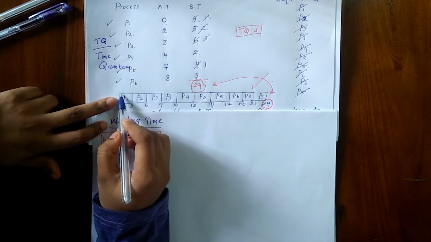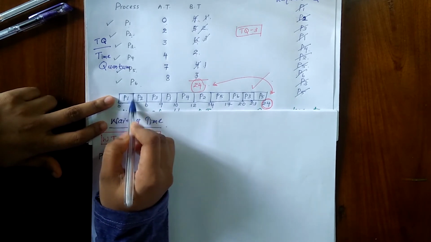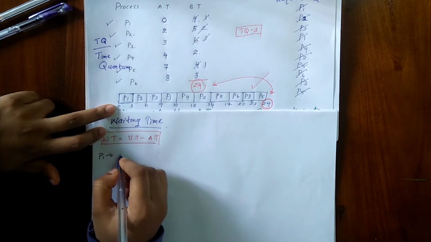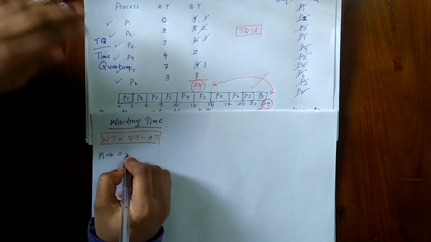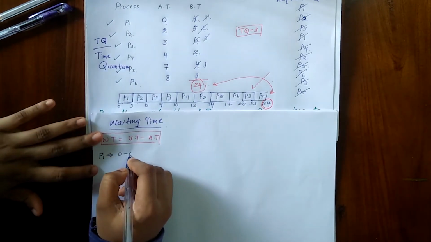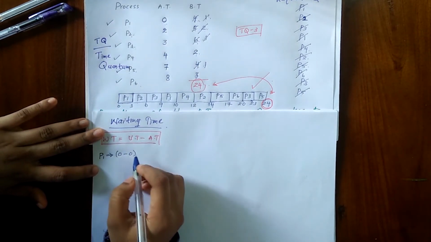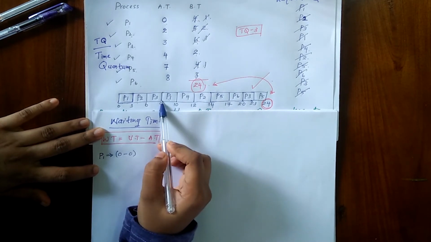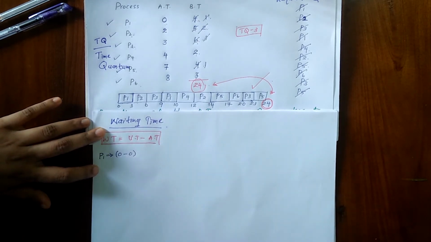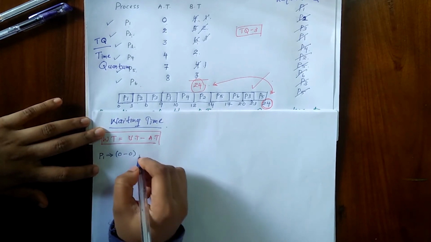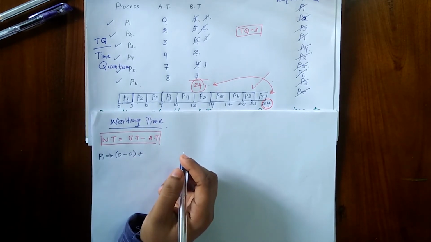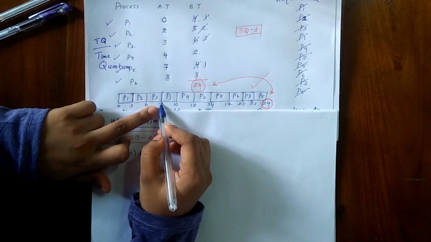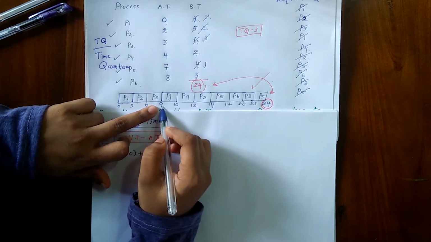So first let's see the waiting time of this first P1. So the visiting time is 0 minus arrival time 0, right? Now we have to add this second P1's waiting time. So to get that you have to write the visiting time of this P1, right?